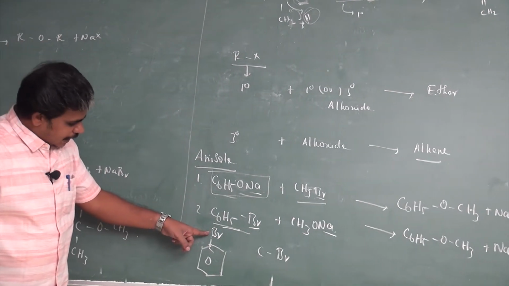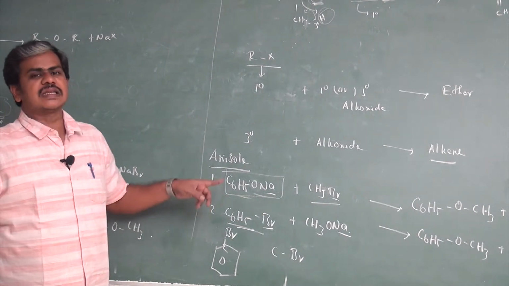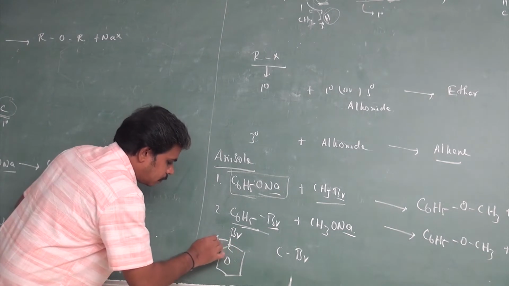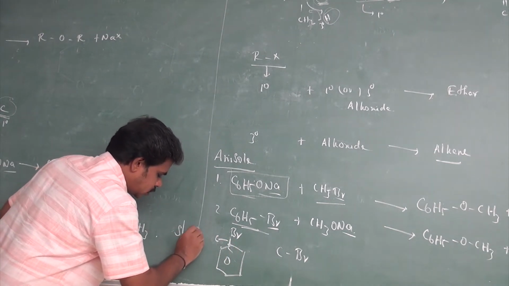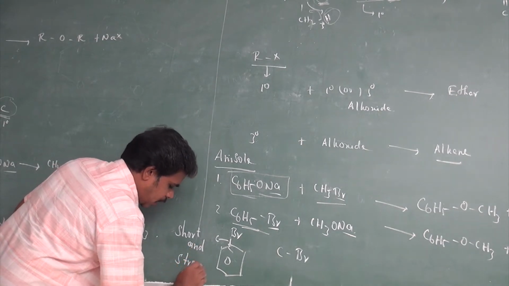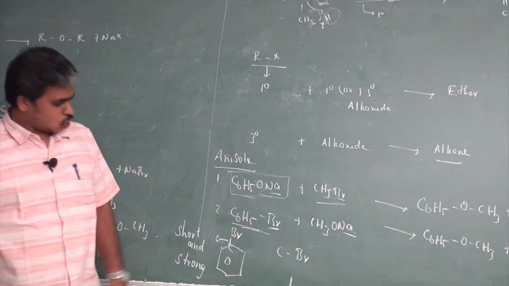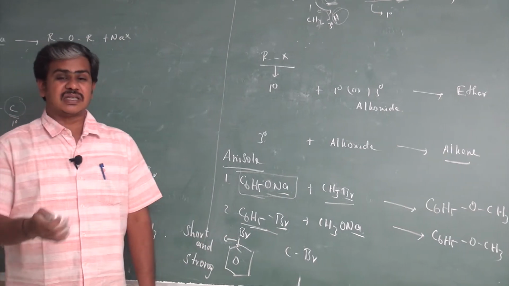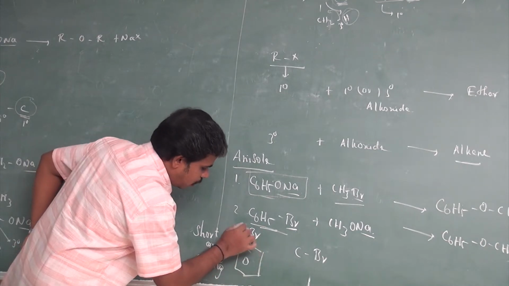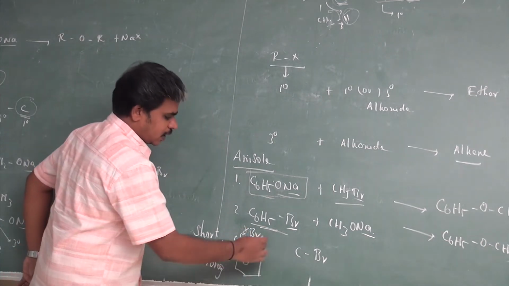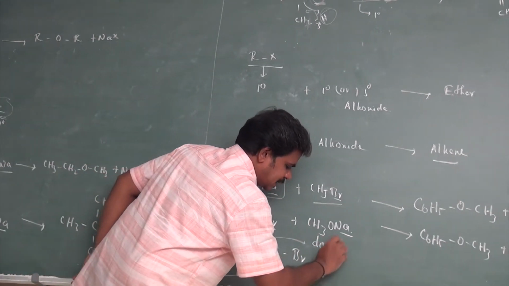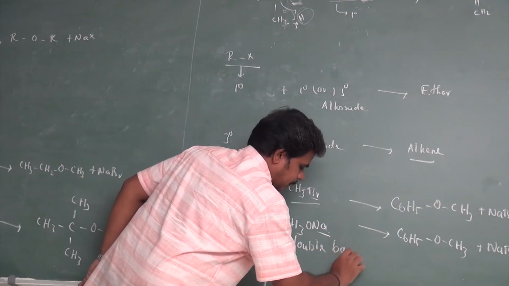When any alkyl halide or whatever the component is directly attached to the benzene nucleus, the bond becomes a short and strong bond. So the C-Br bond is short and strong and also has double bond character.